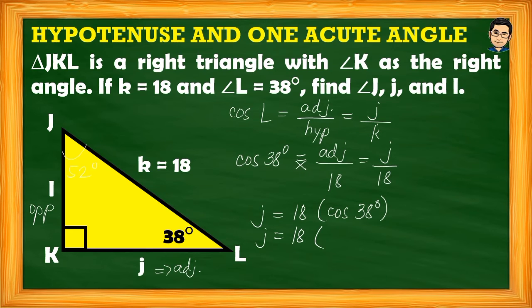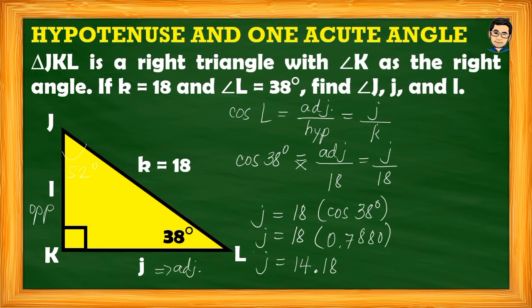Kapag pinress natin yung cosine 38 sa calculator, ang lilitaw po na sagot ay 0.7880. And then finally, i-multiply natin yung nakuha nating cosine 38 sa 18. So, 0.7880 times 18 will get 14.18.